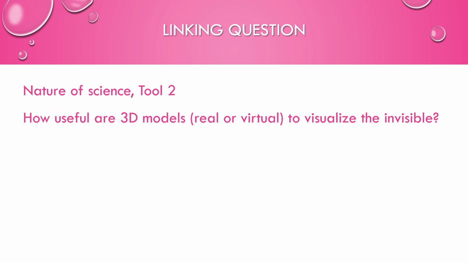Okay, so this links well with the nature of science and our second tool there, 3D models. How can that help us visualize the invisible? Particularly when we're talking about chain length, it's going to help us see the physical differences between the members of a homologous series. It's also going to help us to be able to see how well something is going to be able to stick together.